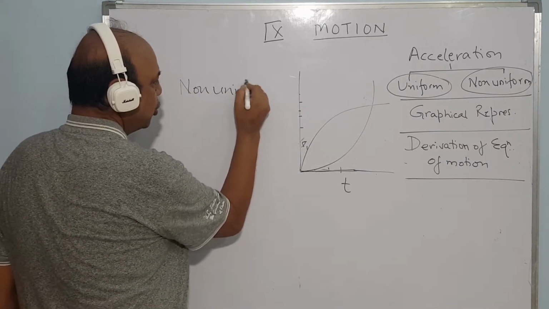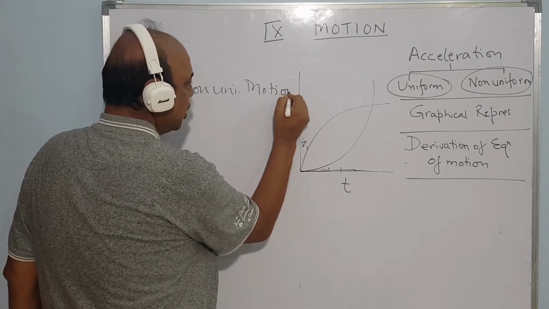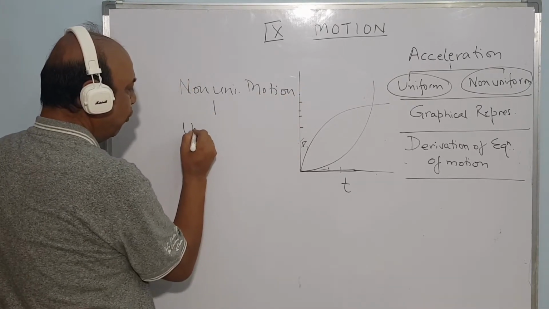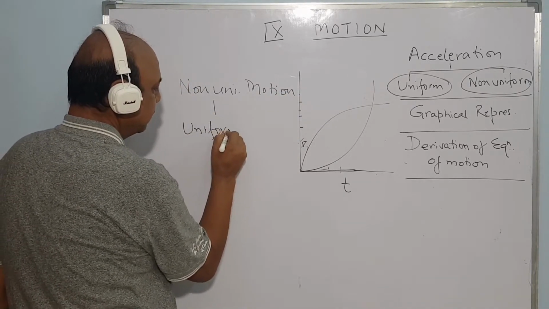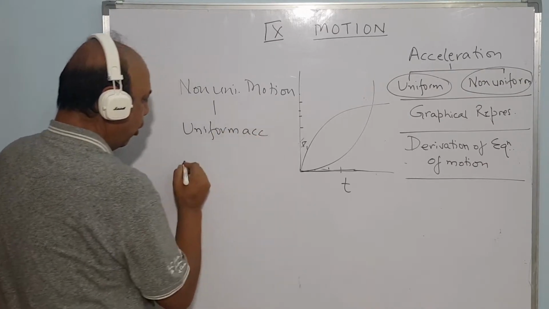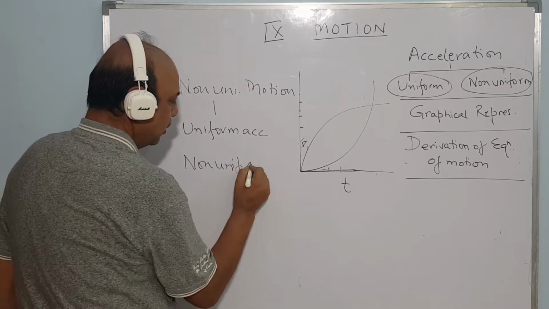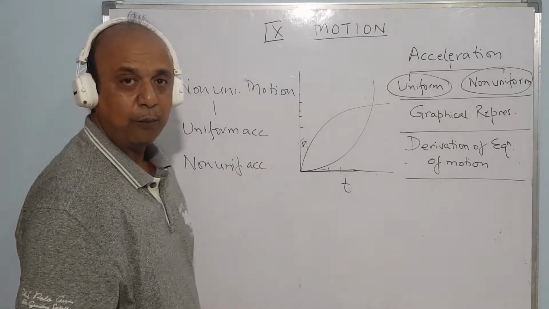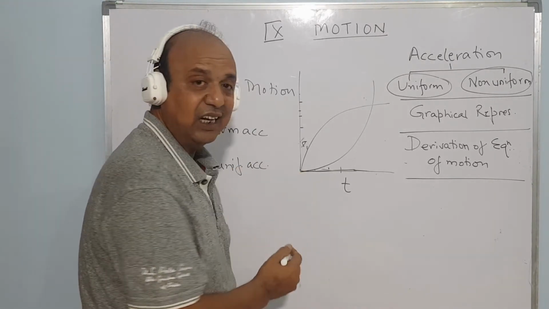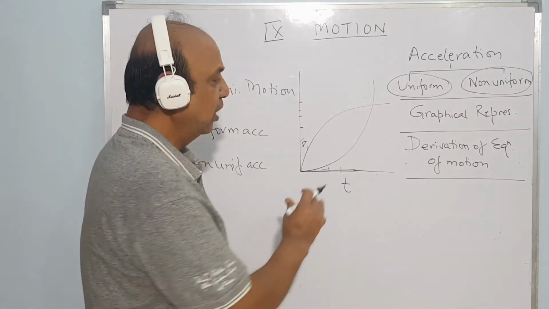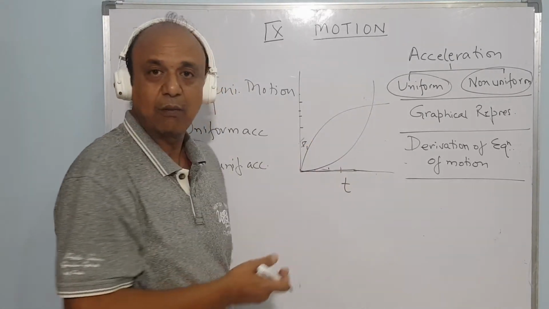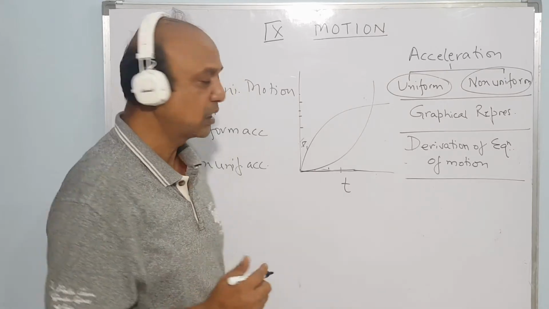Now, this motion can be either uniform acceleration or non-uniform acceleration depending upon the degree of the polynomial made by this graph.